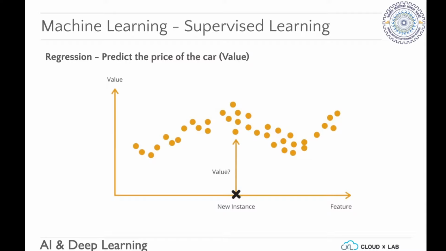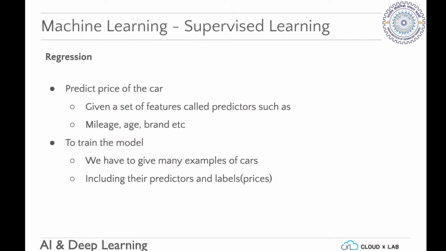Then when you get a new instance, a new car with the same parameters, you say, okay, I have a new car, the make is this, the model is this, it was made in, say, 2015 and is driven 100,000 kilometers. What is the price of the car? The model can predict the value for it. That is regression.